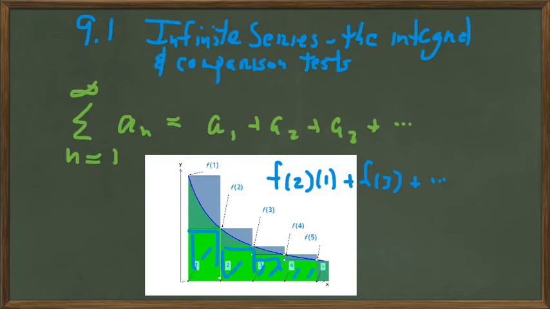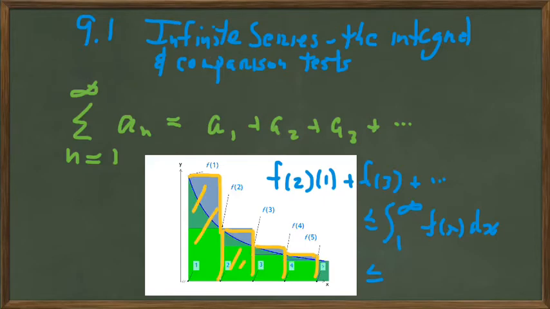right? The area of those lower rectangles is less than or equal to the integral under f of x between 1 and infinity, and that in turn is less than or equal to the area of all of these rectangles that are above the curve, and those rectangles have heights f of 1 plus f of 2 plus dot dot dot.